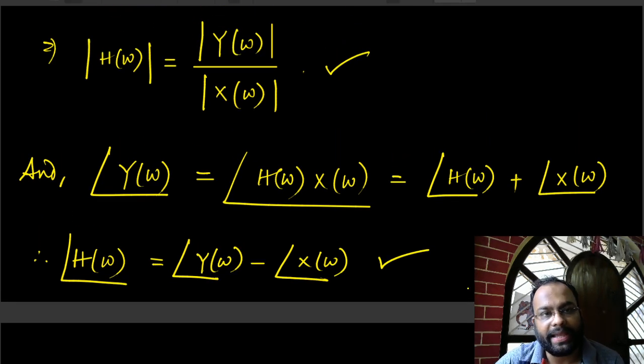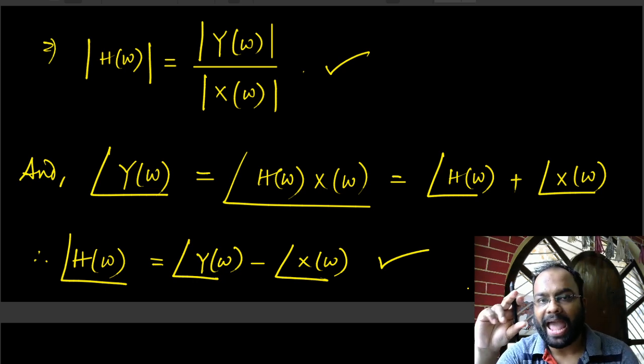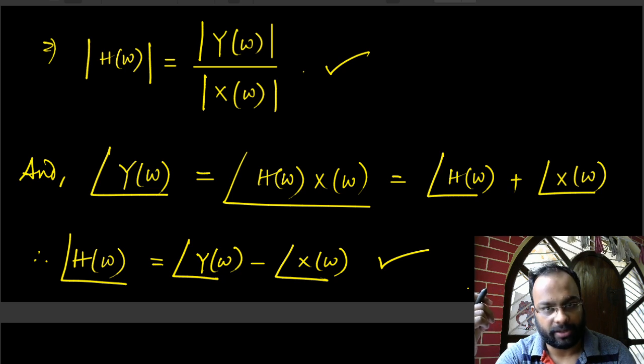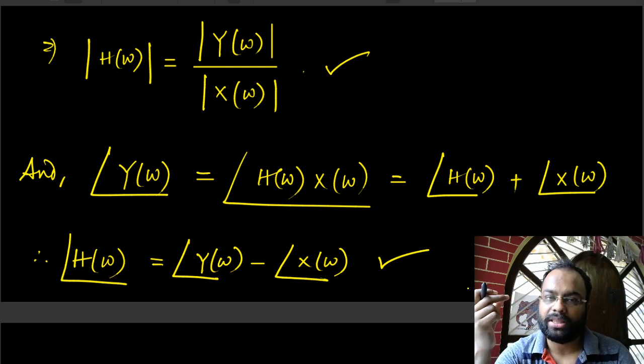So what really is H(ω)? H(ω) is such a function that has an amplitude represented by the ratio of the amplitude of the output of the system to that of the input of the system. And H(ω) is such a complex number that it has a phase angle that is nothing but the difference between the phase angle of the output of the system and that of the input, right?